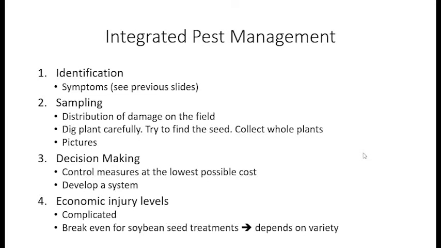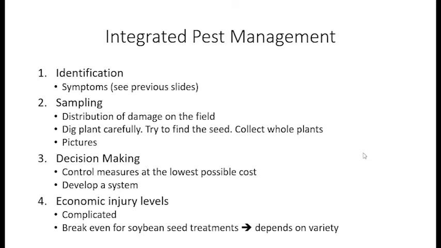Don't confuse them with water damage, right? Of course, if the field or areas of the field are underwater for a couple of weeks, yeah, there are going to be issues, and it's not necessarily the seedling diseases. But if the flooding is not that major and you have some infection and the symptoms, then you're dealing with a disease. The next step is some sampling, right?